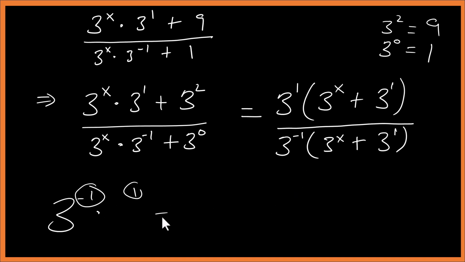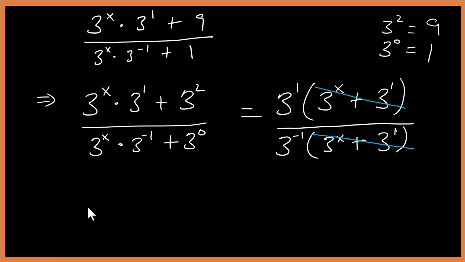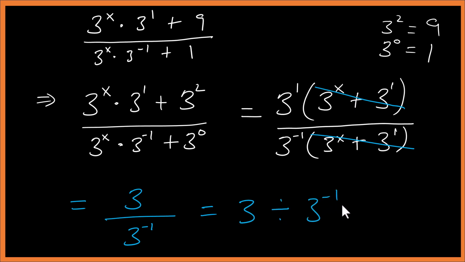Alright, so what we are going to do now is to cancel out. That's very simple. So this one will cancel this. So I'll be left with 3 to the power 1, which is 3, over 3 to the power minus 1. And this is the same as 3 divided by 3 to the power minus 1.